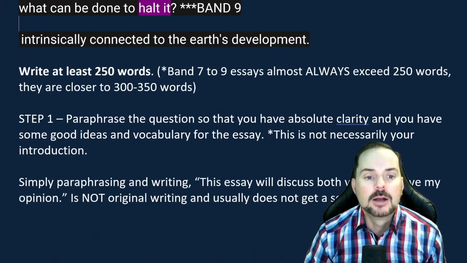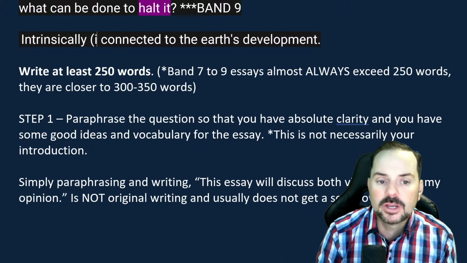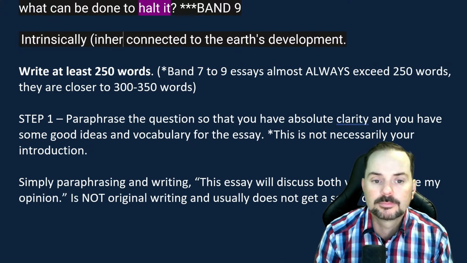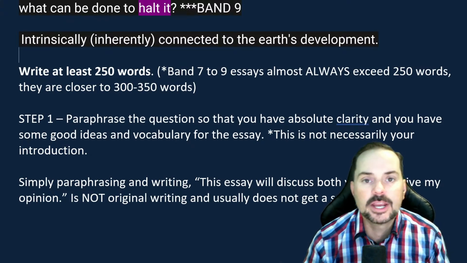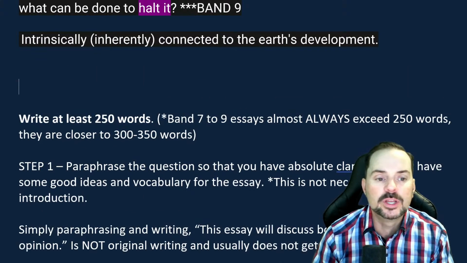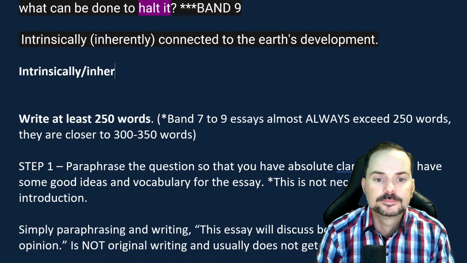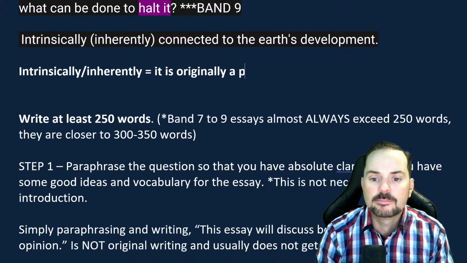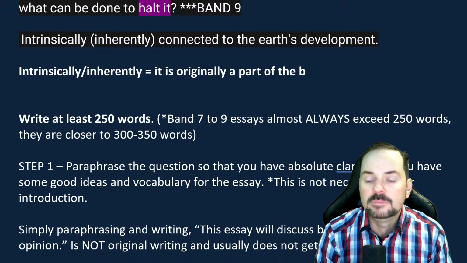Intrinsically. Or another word we could use here, Rajveer, as well, it might be in your head, is inherently. Okay, inherently. So intrinsically, inherently means that it is originally a part of the being.